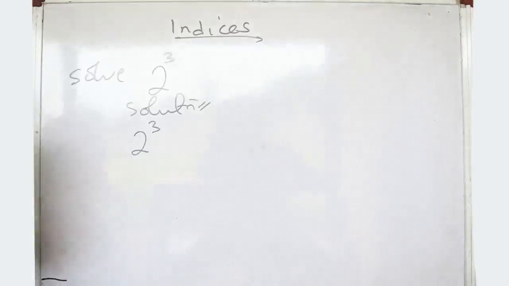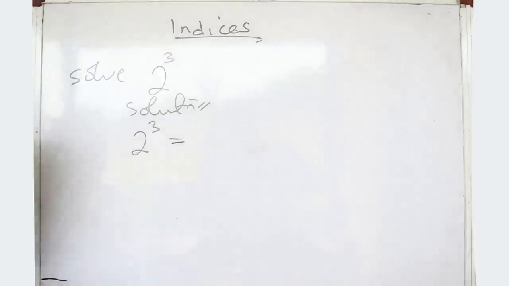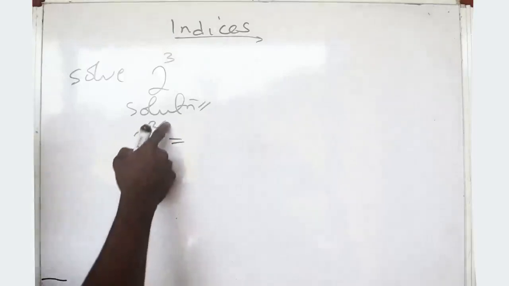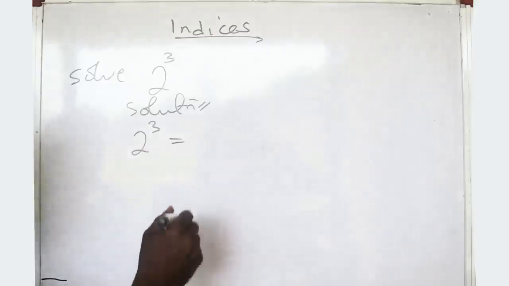What this is telling you is to repeat the base until you get to the value of what? The power. The power here is 3. It wants to see the base repeated 3 times.